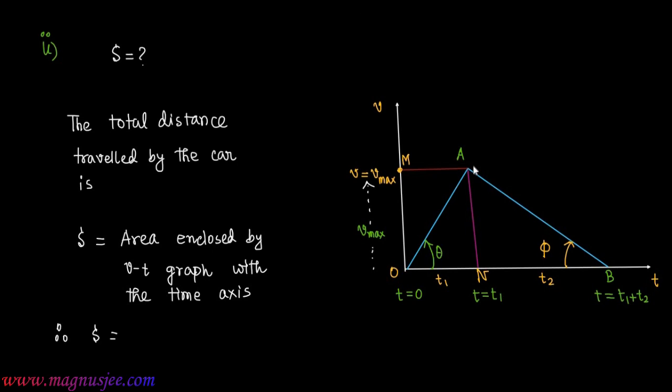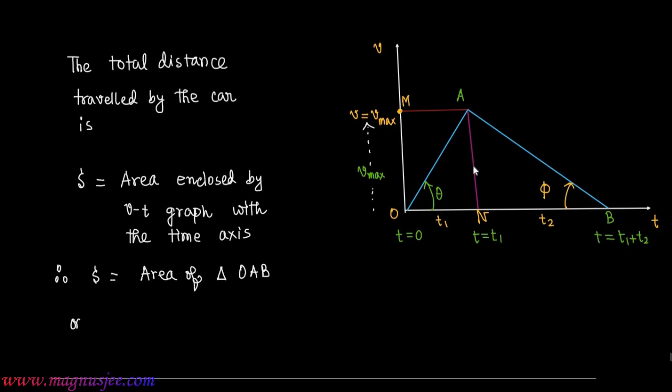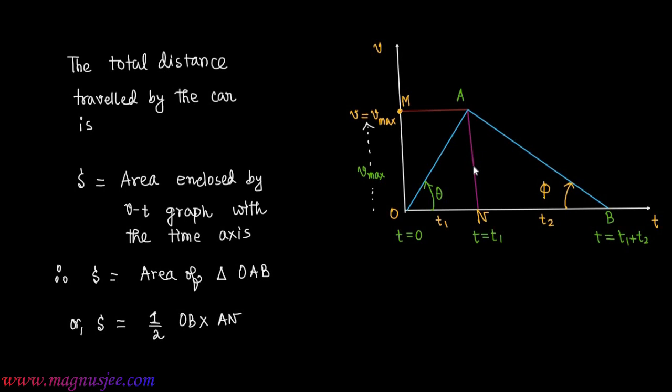Therefore, S is equal to the area of the right angle triangle OAB. S is equal to half base into perpendicular, that is OB into AN.